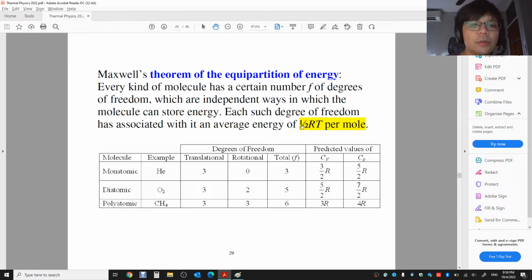Alright, so we consider monoatomic gases. We have derived CV and CP for monoatomic gases, and we said that the kinetic energy possessed by monoatomic gases is 3/2 kT per atom, or 3/2 RT per mole. How do we get that? We have 3 translational degrees of freedom.